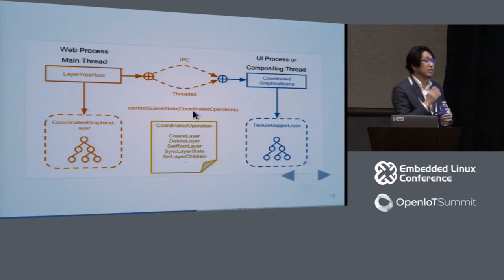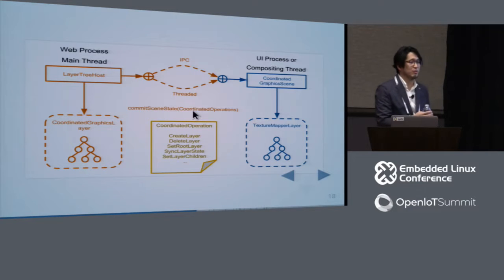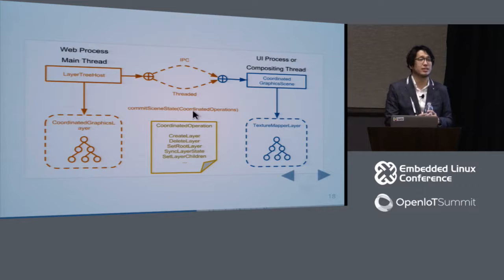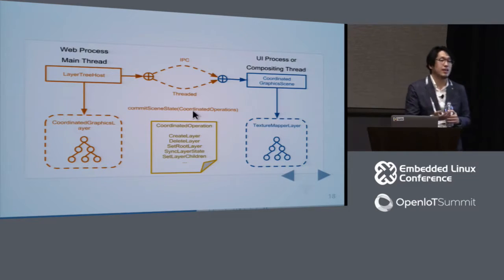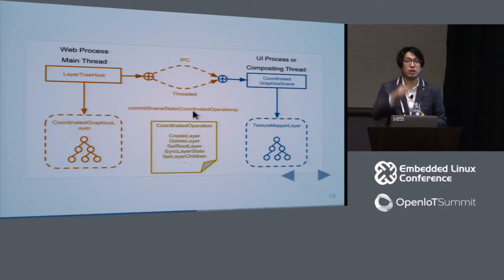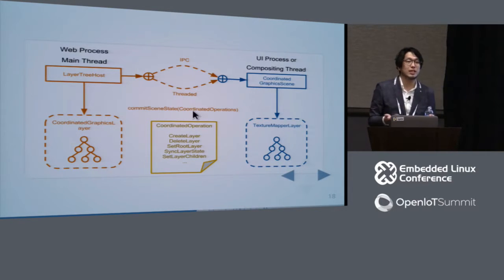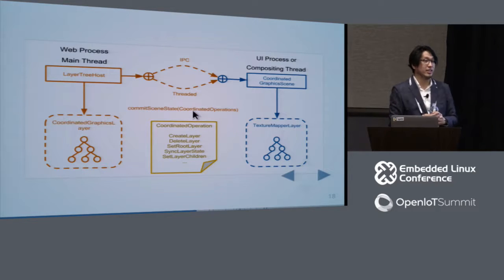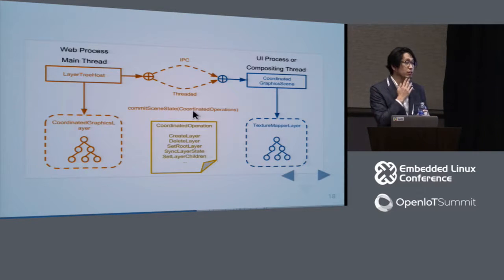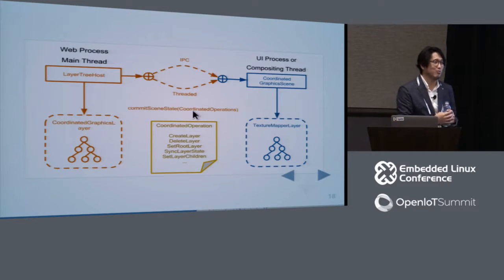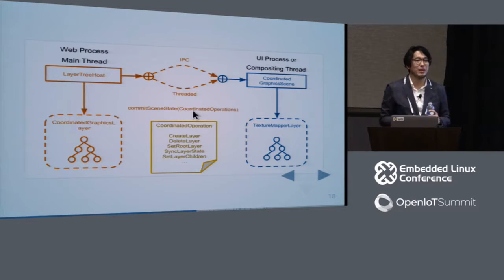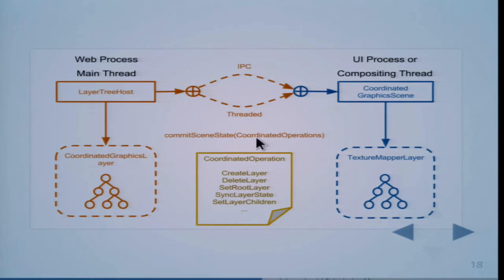So we create separate trees, but it is not a huge amount of memory because it just has properties such as width, height, ordering, or colors. There are no big data structures in those layers. So it is more or less not a big deal, and we are free from locking operations. We implemented those things with message passing.